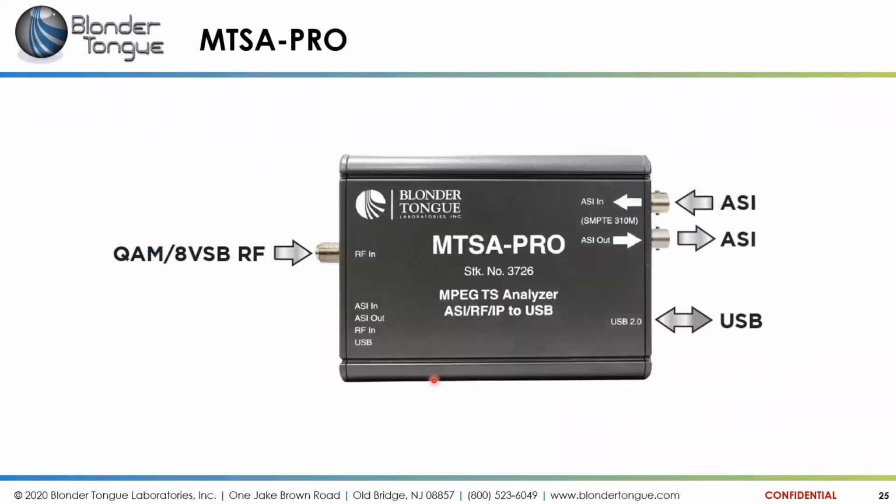Okay. Now we're going to look at the MTSA Pro. The MTSA Pro, again, is a physical piece of hardware that connects to our computer and allows us to evaluate streams somewhat similar to the Wireshark program, but it's a little more powerful. Wireshark can only evaluate IP streams.